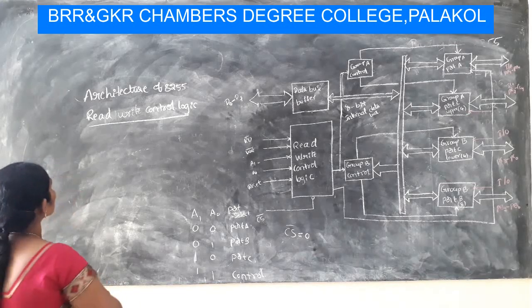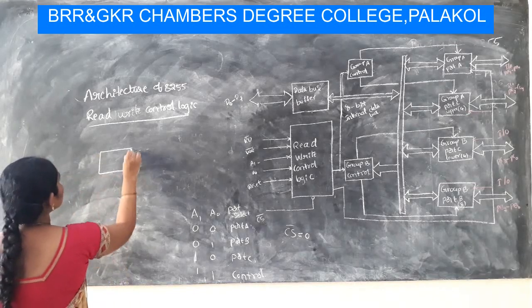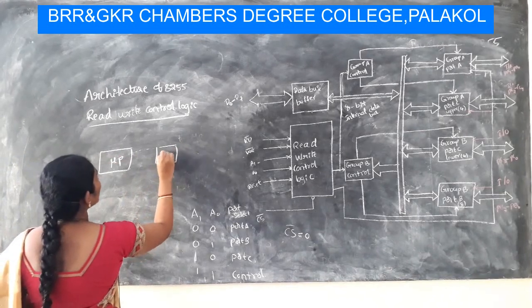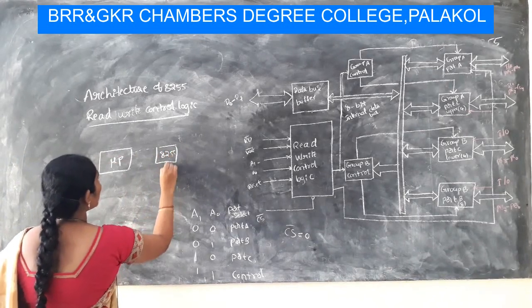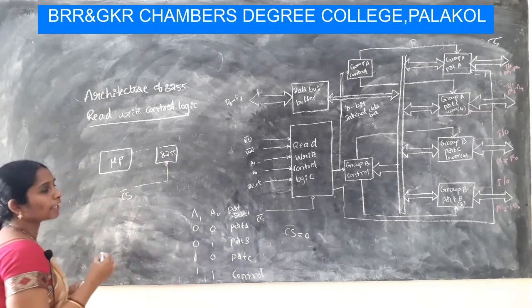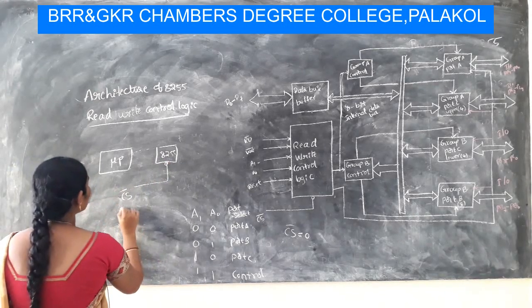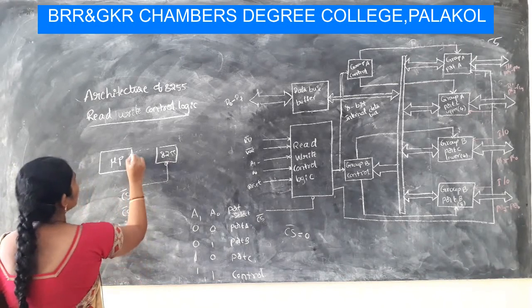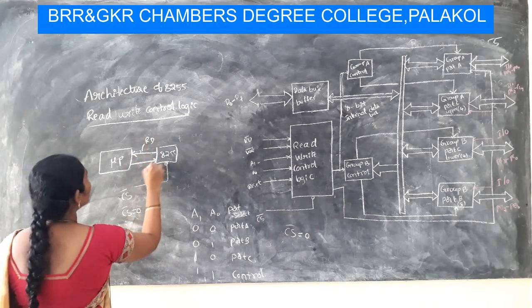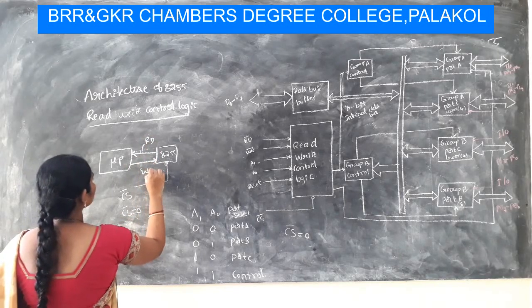The operation is like this. Here is a microprocessor and this is an 8255. The 8255 has a signal, the CS bar. Only when the CS bar is equal to 0 will it perform the read operation and write operation.